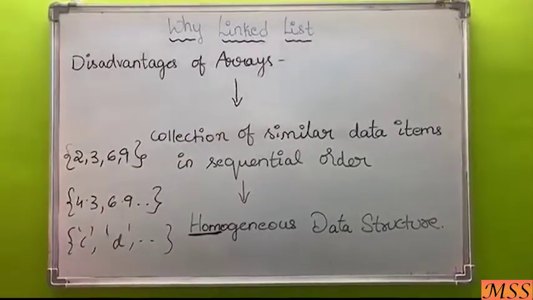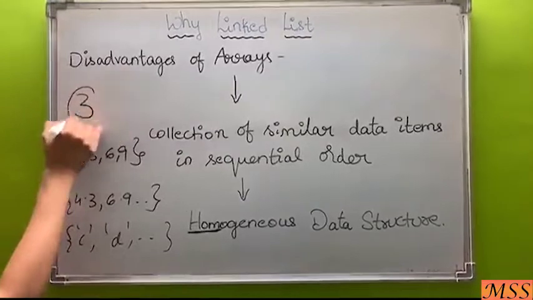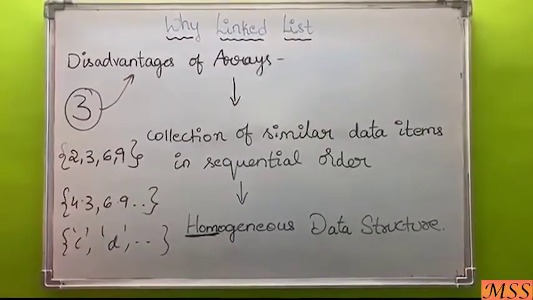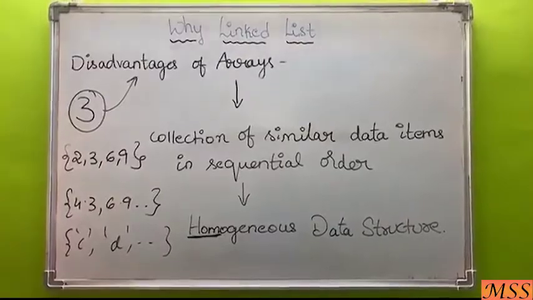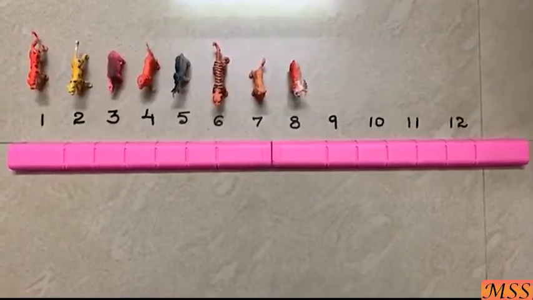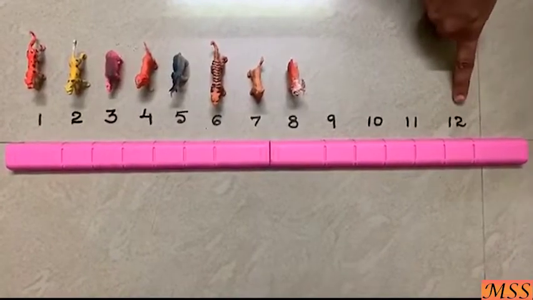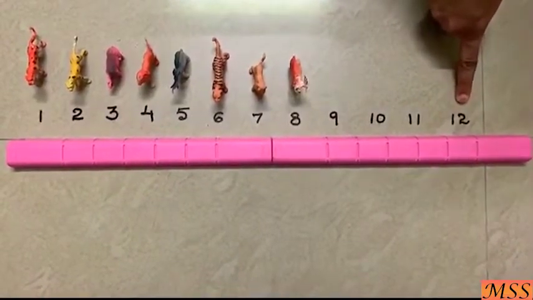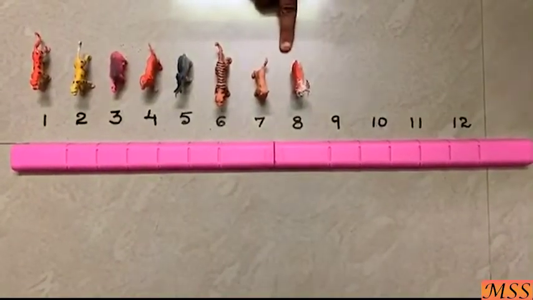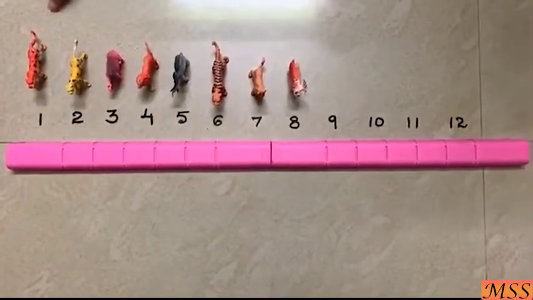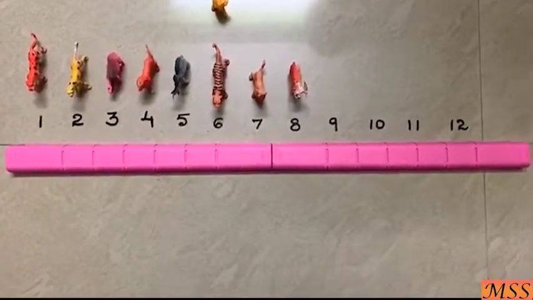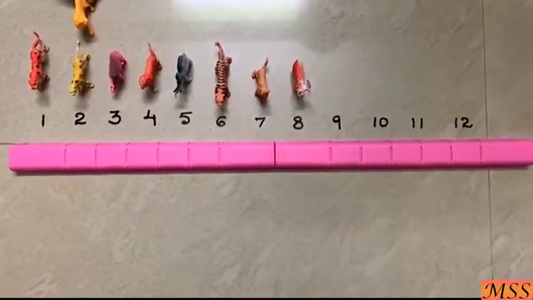Now I will explain 3 disadvantages of arrays over linked lists. Let us go for the first disadvantage. In this example, I have created an array of size 12 and inserted 8 elements inside it. Suppose I want to insert an element in the second position.